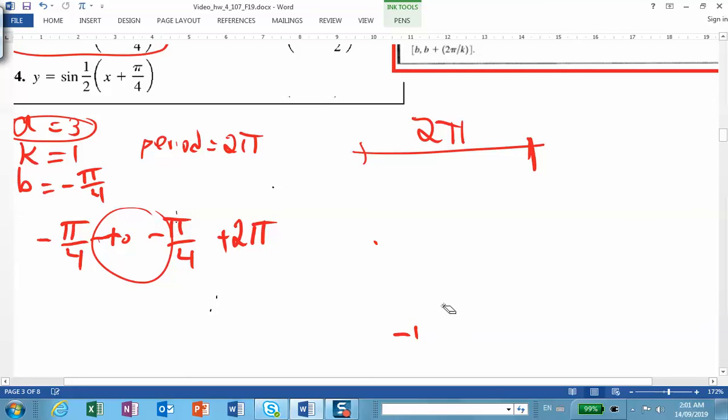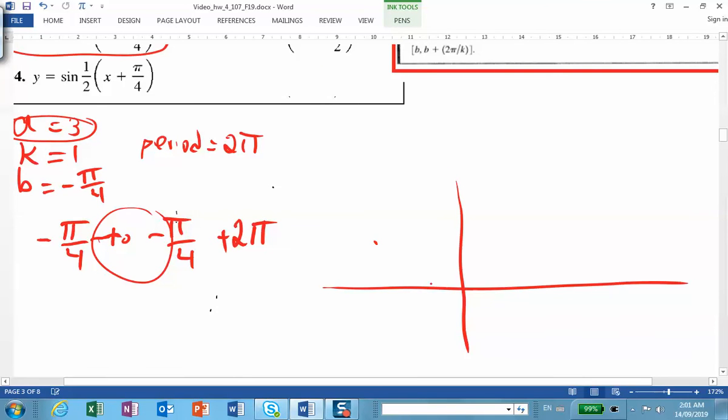Everything here is okay, but the graph was not right because I did not pay attention to the fact that it was a pi over 4. Okay, so let's see for a second. Let's say that this location is minus pi over 4. I want to add 2 pi to it. Now, what does that mean? 2 pi means 8 of these intervals. So 1, 2, this is 3, 4.